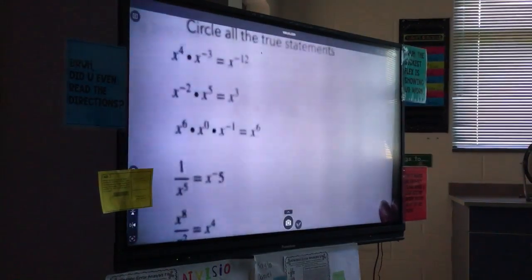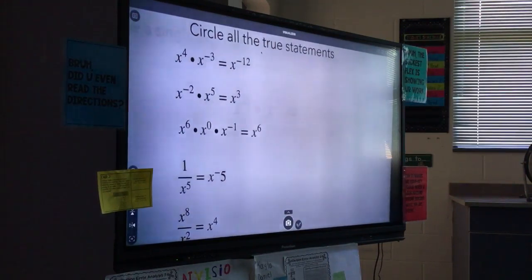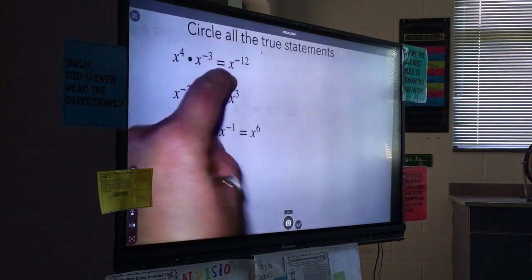All right, number 4 says circle all the true statements. So I want you guys to figure out if what is going on here equals here. Stand up when you have your answers.